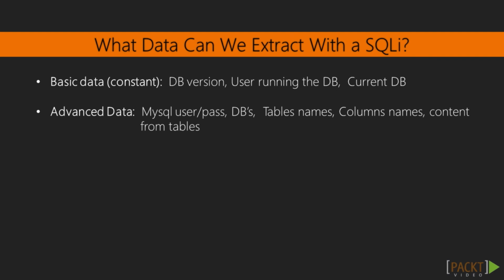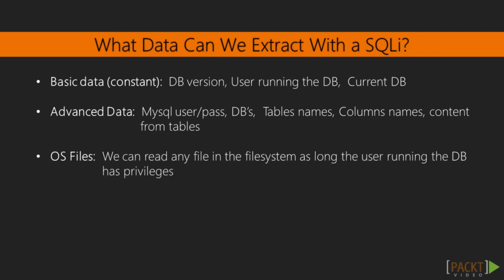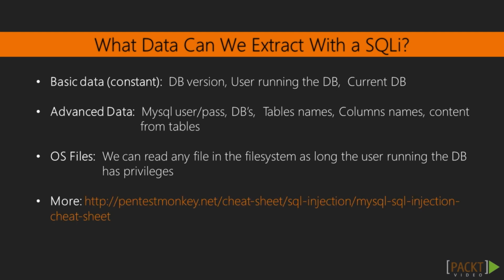Content from tables. OS files. We can read any file in the file system as long as the user running the database has privileges. These are some of the most useful and typically extracted data. I encourage you to continue learning what other things you can do once you have a working SQL injection. A good starting point is Pentest Monkey Cheat Sheet.